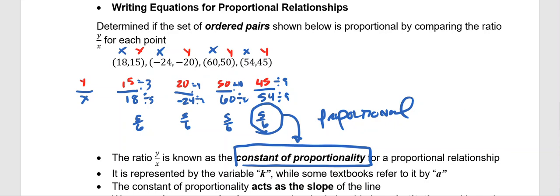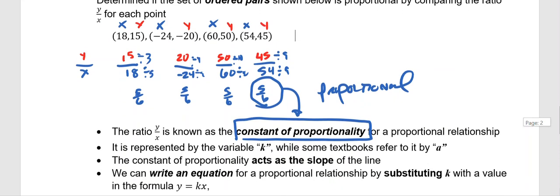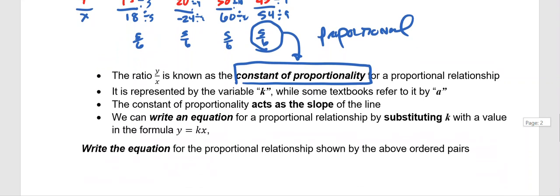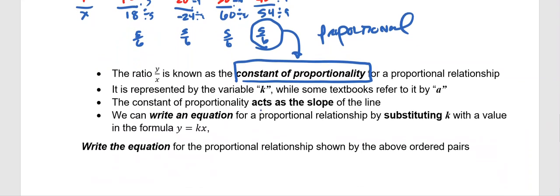In terms of a variable in an equation, it's usually represented by the letter k or the letter a. And as we get into graphing further, we'll realize that it acts as the slope of the line. Now that may not mean much to you right now, but pretty soon it will, okay? Most importantly, once we know that k value, we can substitute that k value in this equation.